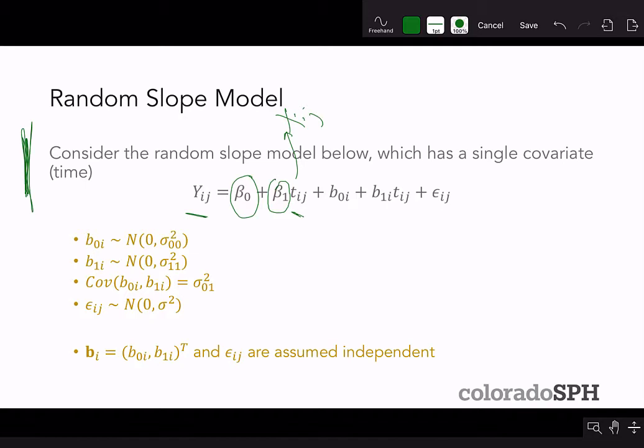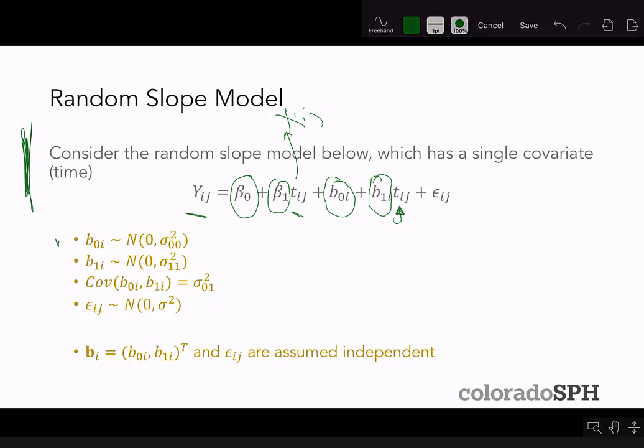We have the beta 0i, that's the random intercept that we learned about in the previous few slides. But now we also have a b1i, that's the subject-specific random slope. And we have that multiplied by Tij, the time variable, because we want to indicate that it is a slope on the time variable. You can have a random slope on other variables as well.